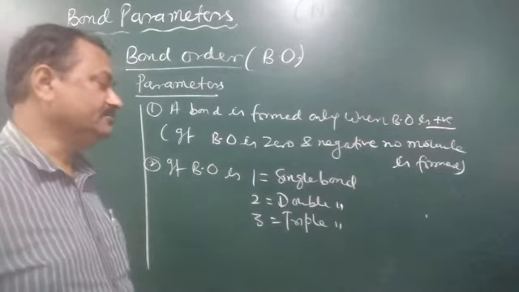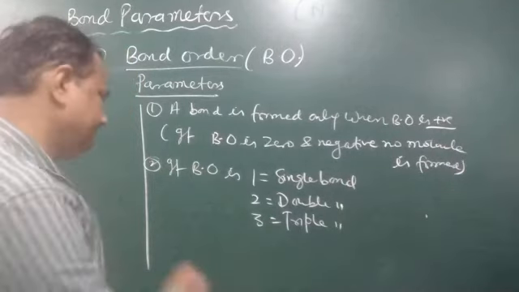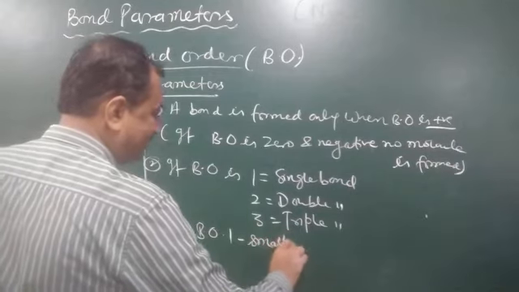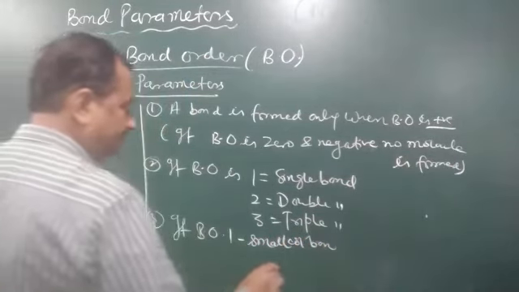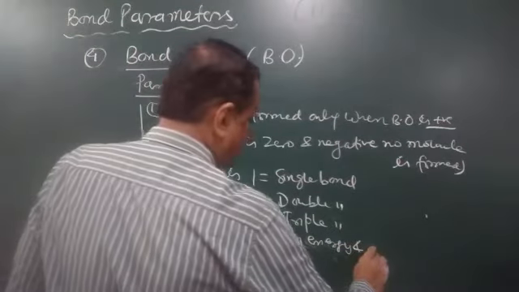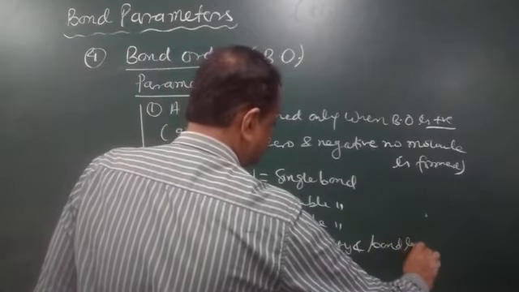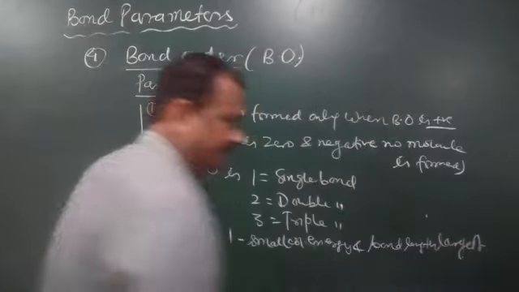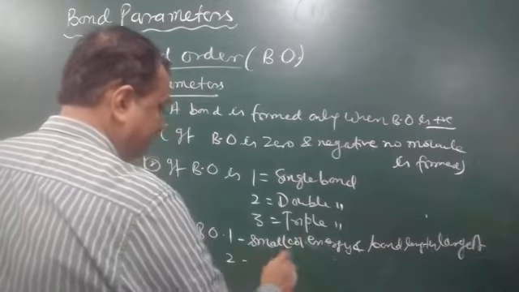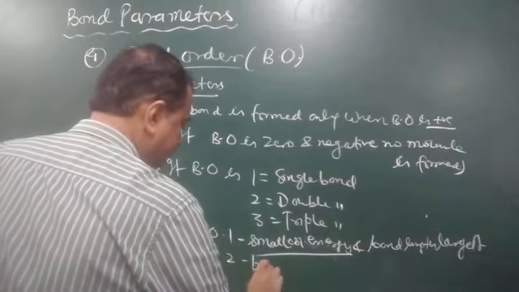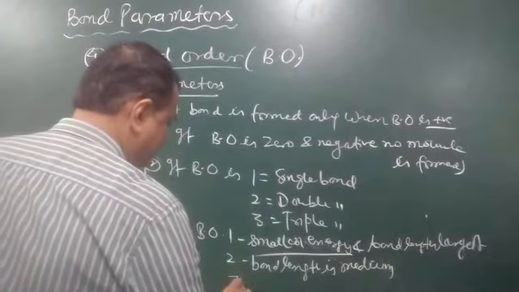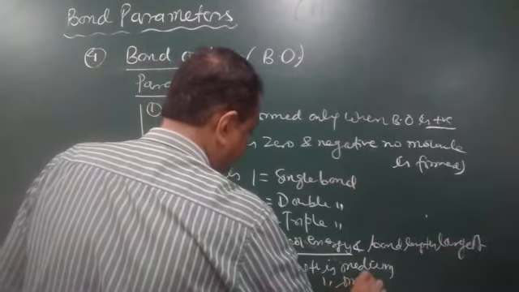Again, in terms of size, if bond order is 1, then the bond energy is smallest and the bond length is largest. If bond order is 2, then bond length is medium, and for the third, bond length is the smallest.